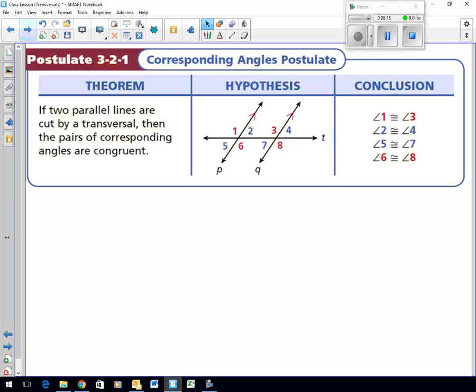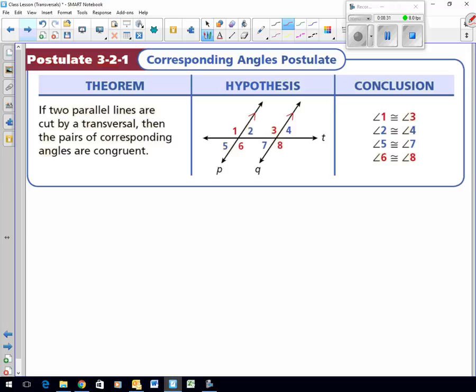Next up, we got what's called corresponding angles. If you want to write the definition, you can. If not, you can just watch. Corresponding angles correspond to each other.